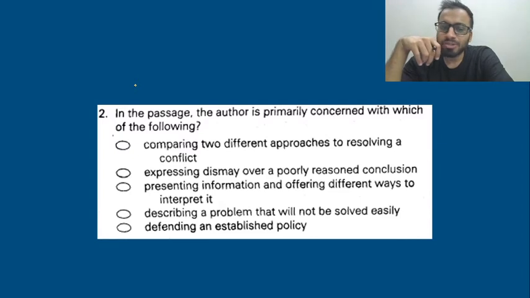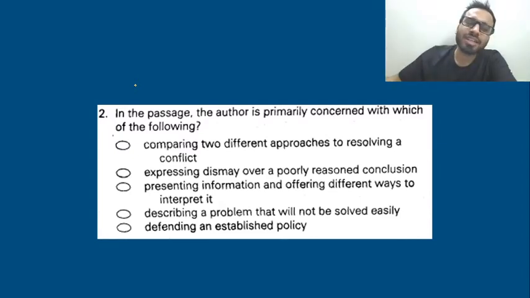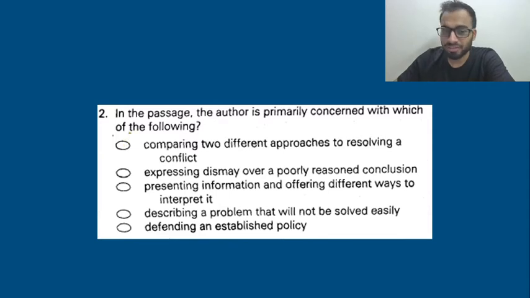Comparing two different approaches to resolving a conflict. Was there a conflict in the passage? I don't remember there being talk about any conflict, so I can safely eliminate A. Expressing dismay over a poorly reasoned conclusion. Was the author expressing dismay?